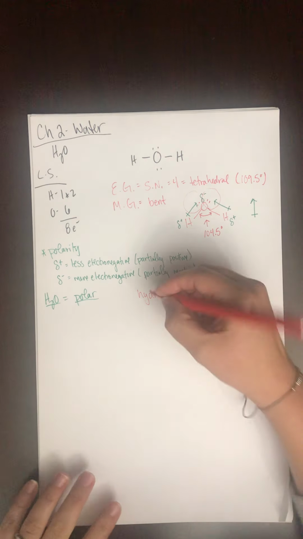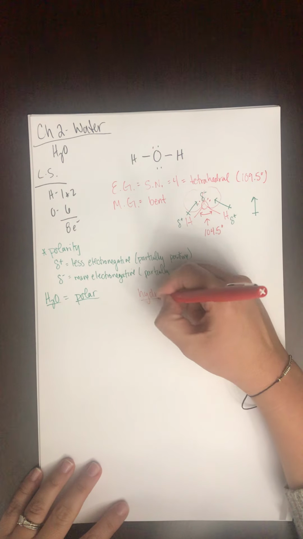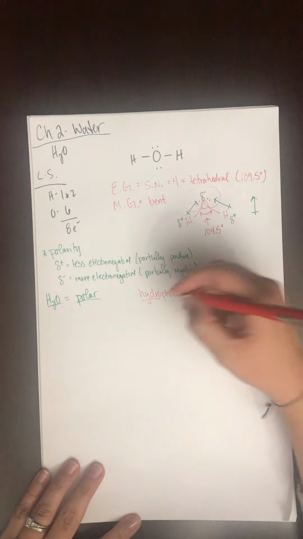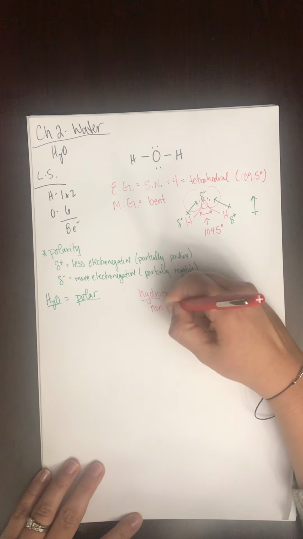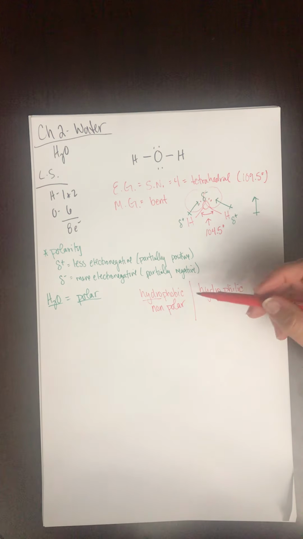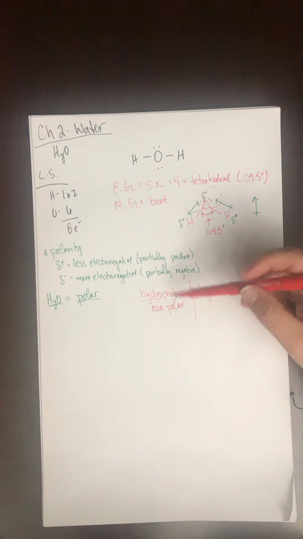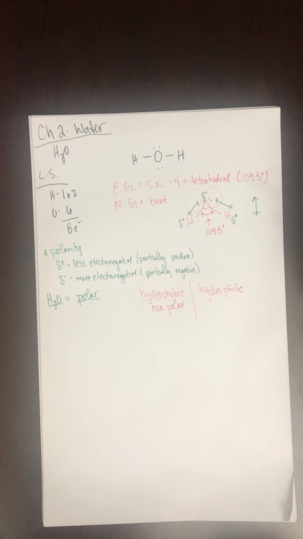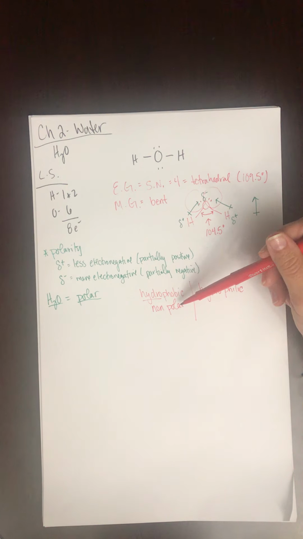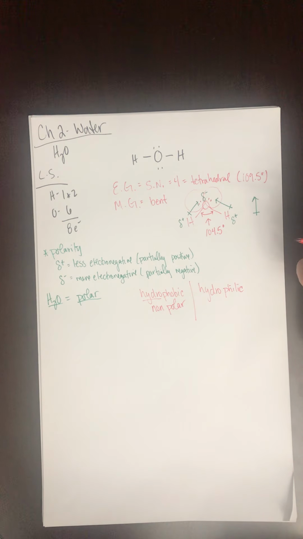For example, hydrophobic: hydro means water, phobic means fear of. So anything that is hydrophobic is going to be non-polar, because remember, polar things only like other polar things. So if it's non-polar, it is going to be hydrophobic. For example, oil and water do not mix because water is polar and oil is an example of something that is non-polar.